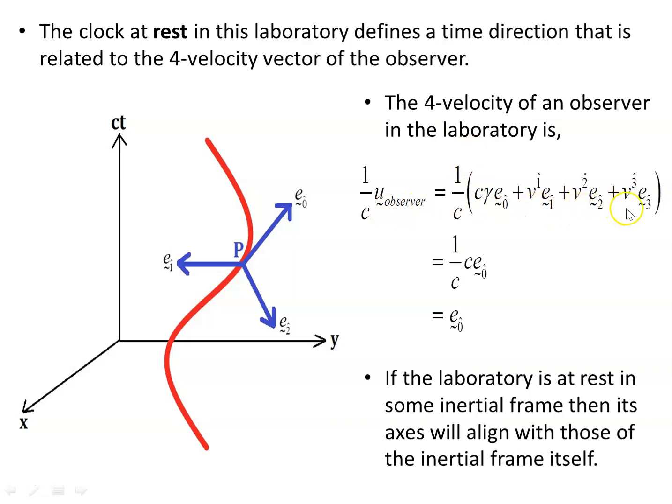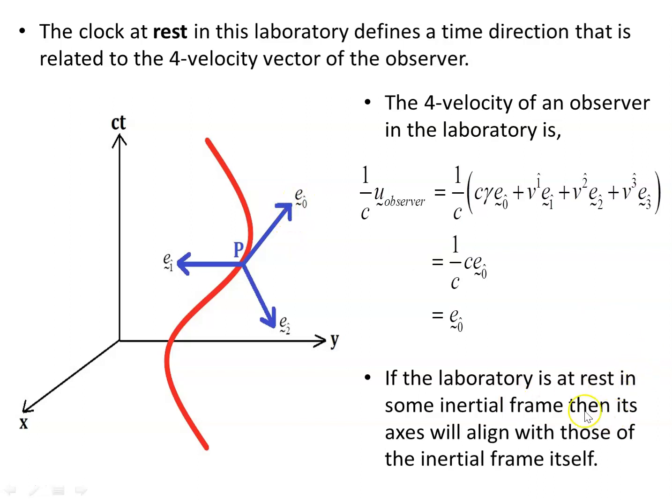Okay, now the spatial part here, the observer is not moving with respect to the laboratory, so the spatial part here goes to 0. We're just left with a time component. Okay, gamma is 1 because the observer is not moving with respect to the laboratory. And so we take gamma as 1. And what we end up with is our basis vector we saw in the previous diagram right here. And each of these is of unit length, each unit 1 second or 1 unit of time, pointing in the increasing time direction.